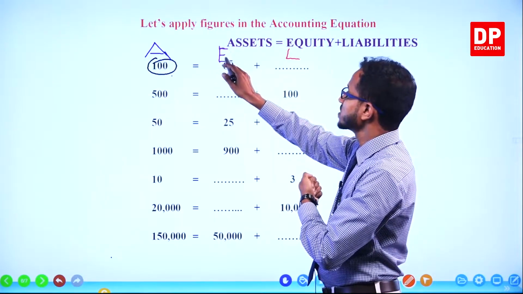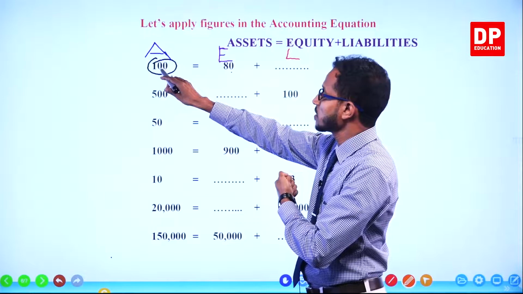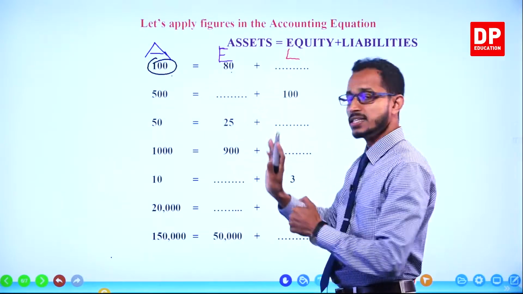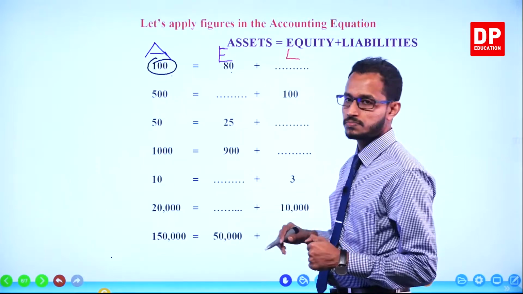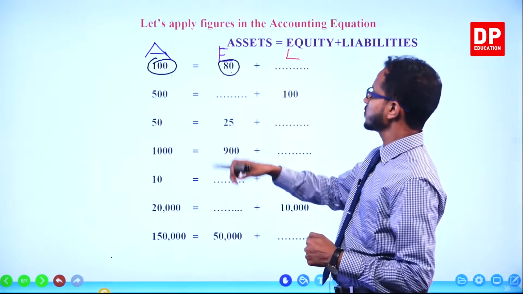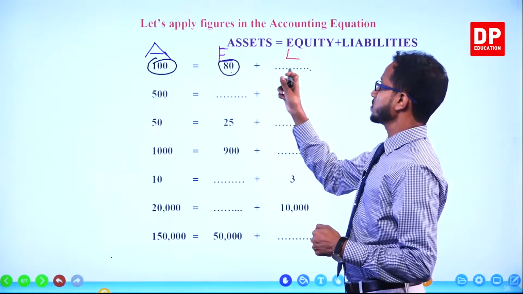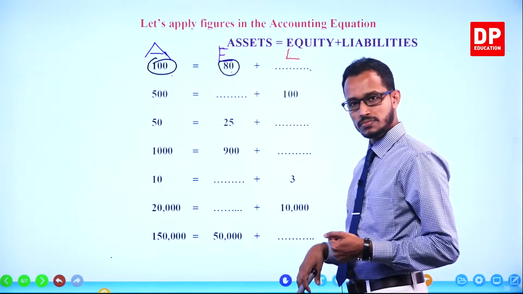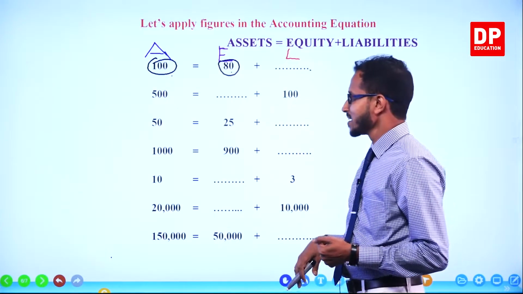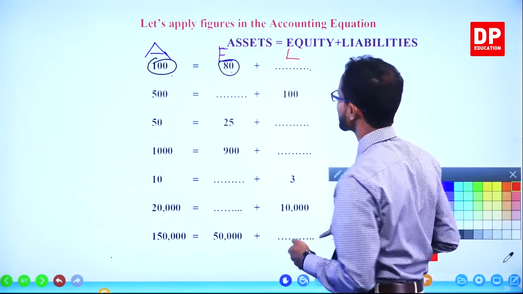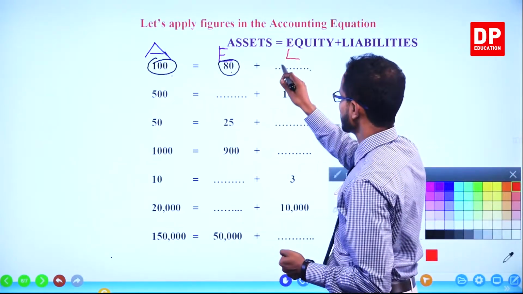Or in other words, if out of this 100, 80 belongs to the owner, how much of externally borrowed stuff should be here? Simple, very simple. It's 20. Good.